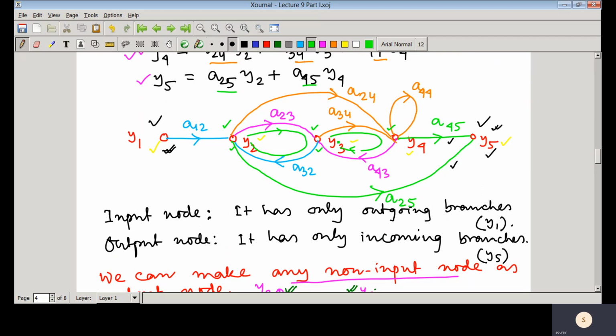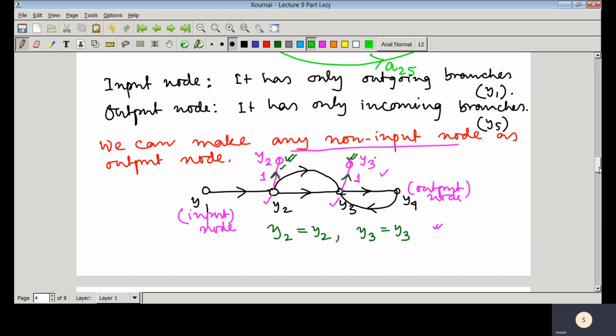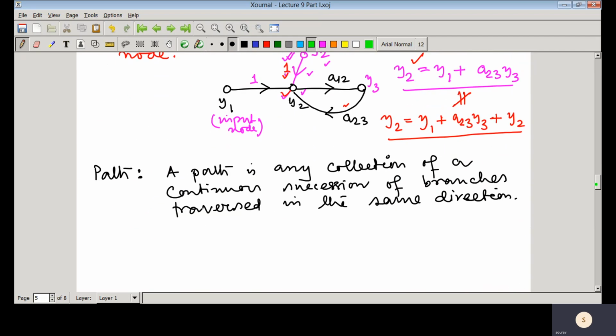So it does not prevent any node from being traversed more than once. So in this signal flow graph, one path is y2, y3, y2. Another path is y3, y4 and y3. Another path is y2, y3, y4, y3, y2.